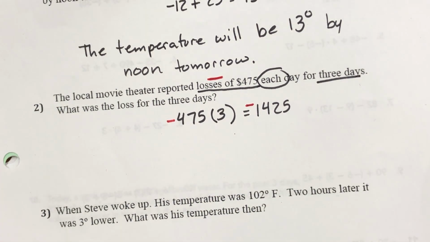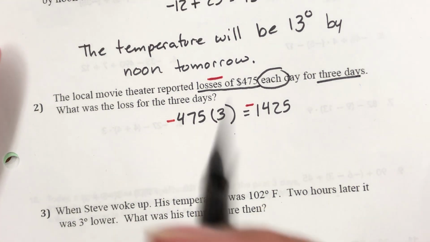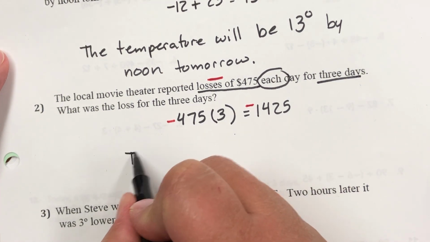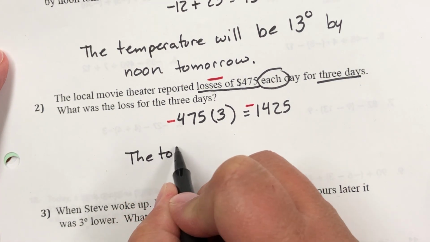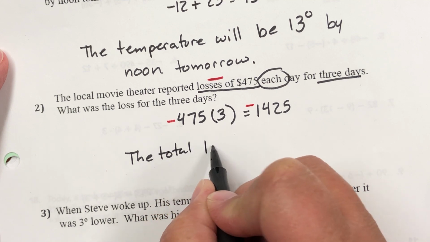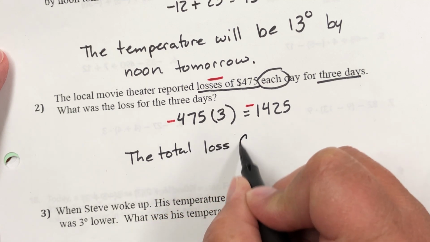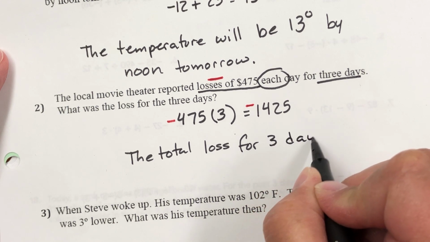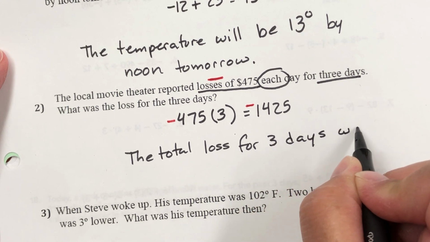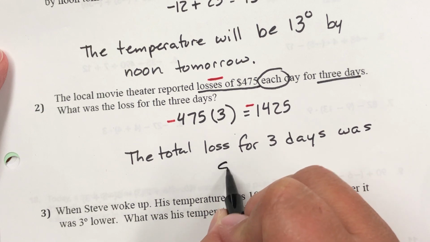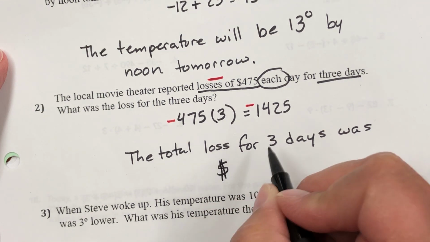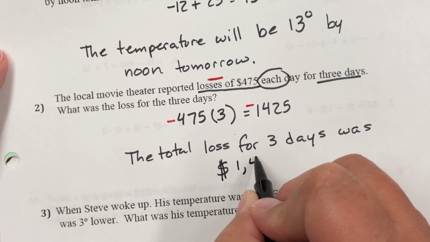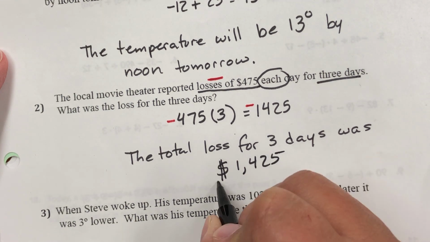So what was the loss for 3 days? The total loss for 3 days was $, because we're talking about money, 1,425.